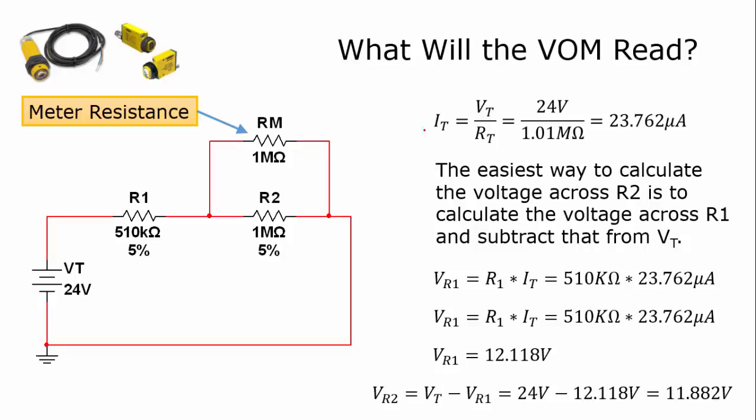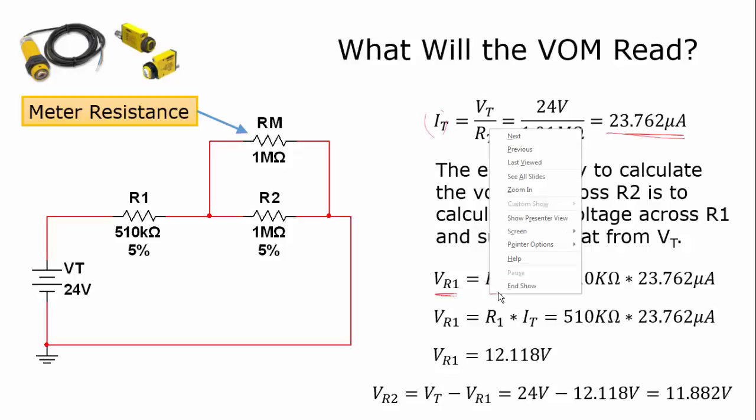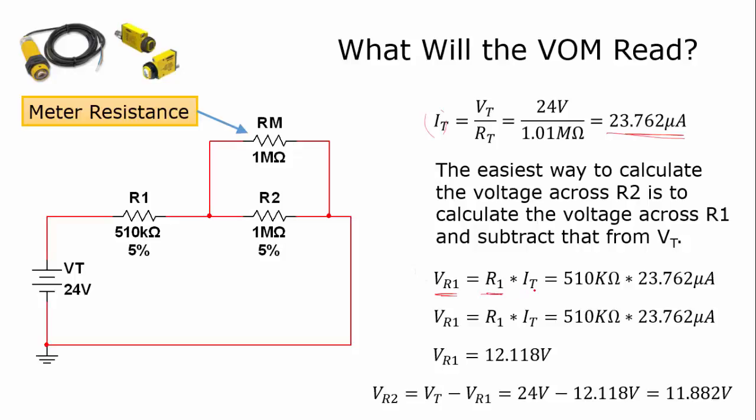We have IT equals Vt over RT, which gives me that current. And now with that current flowing in the circuit, I can calculate how much the voltmeter is going to read. The voltage across R1 is R1 times total current, which is going to be 12.118 volts.